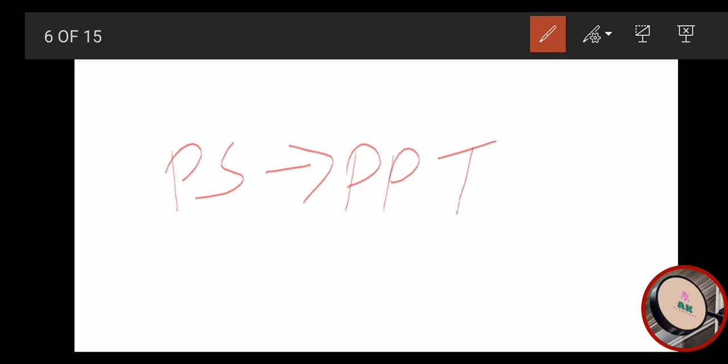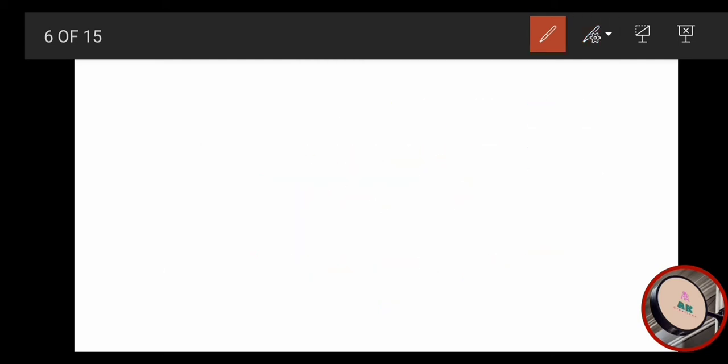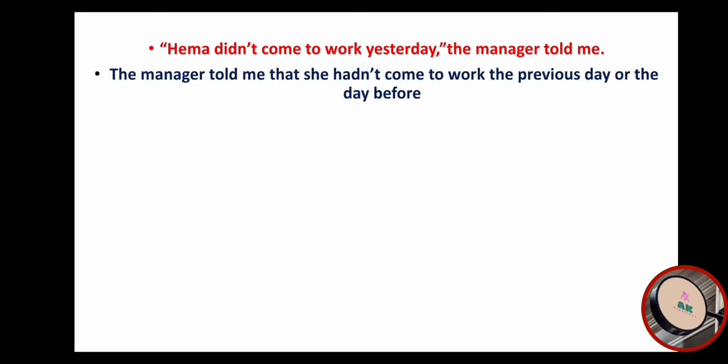If the sentence is in present perfect continuous tense, you have to change it to past perfect continuous tense. So it's a simple funda, but it will take time. It's okay, but if you are revising and working day by day, you will get perfect in this. Now let's have a look at the answer.